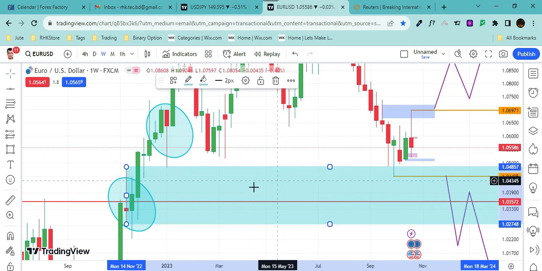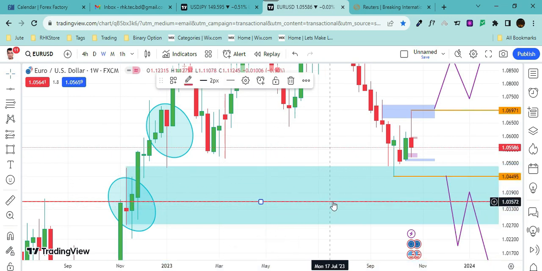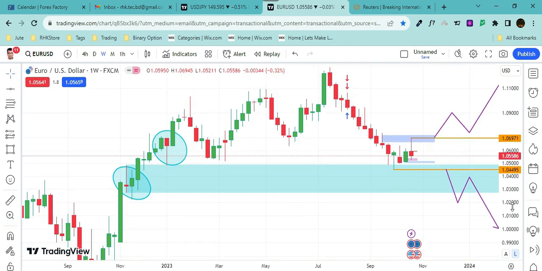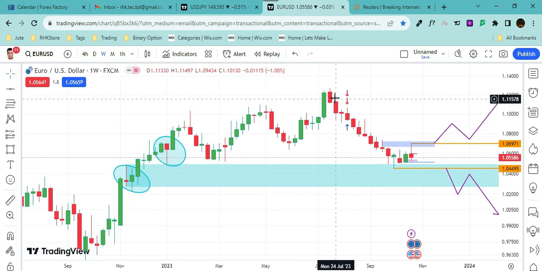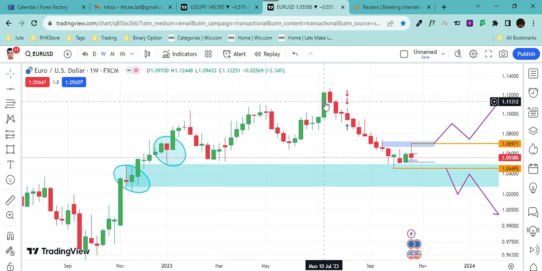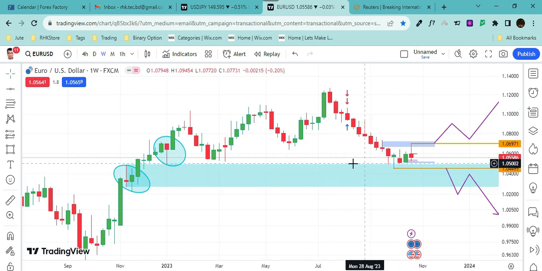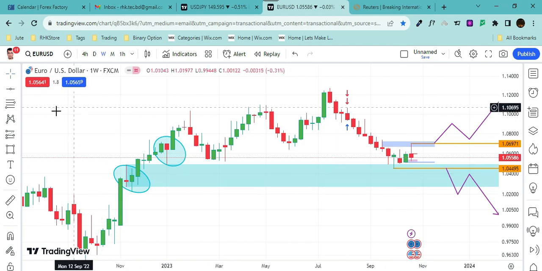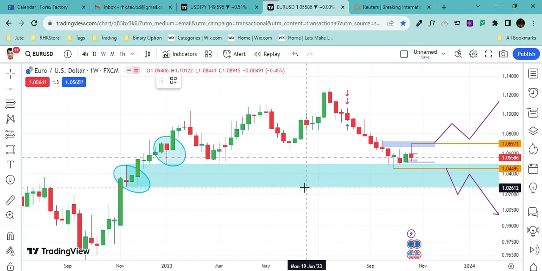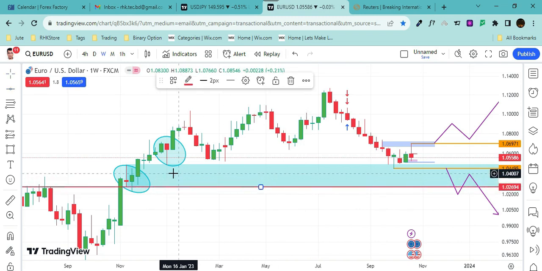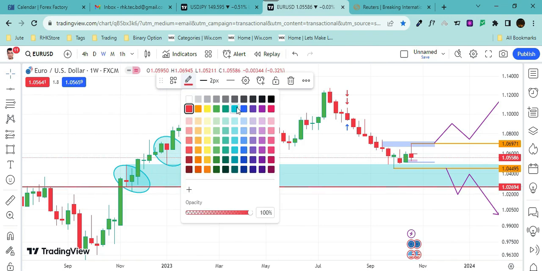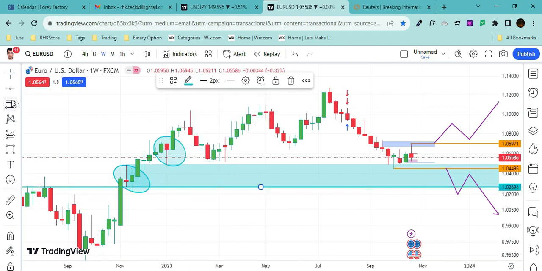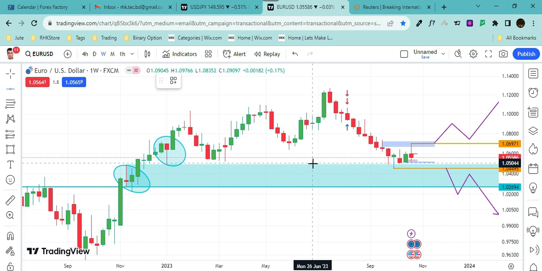And here, if we consider the weekly, we can see that the price is getting resisted very much. So let's mark it properly. Here is a place where price can be rejected very badly. This is just the zone we need to take care of.